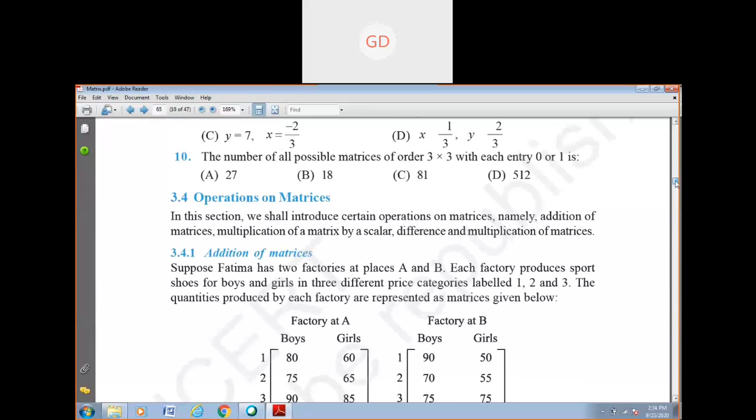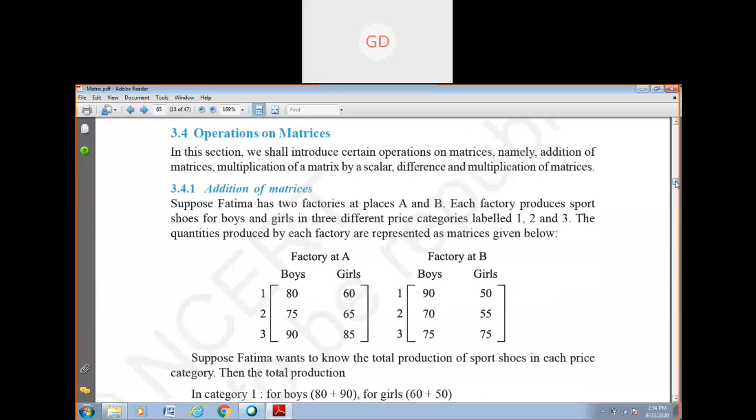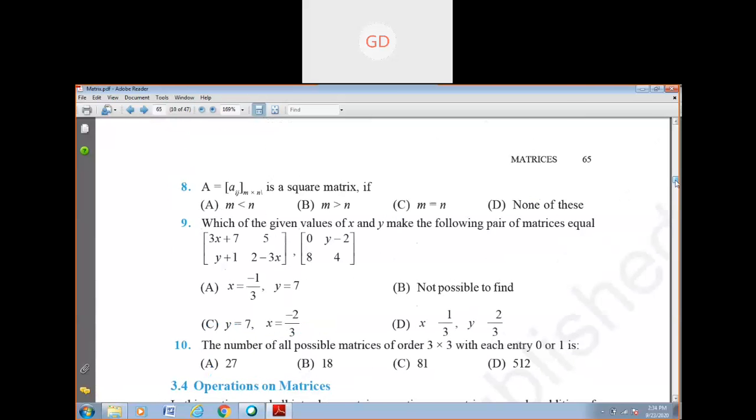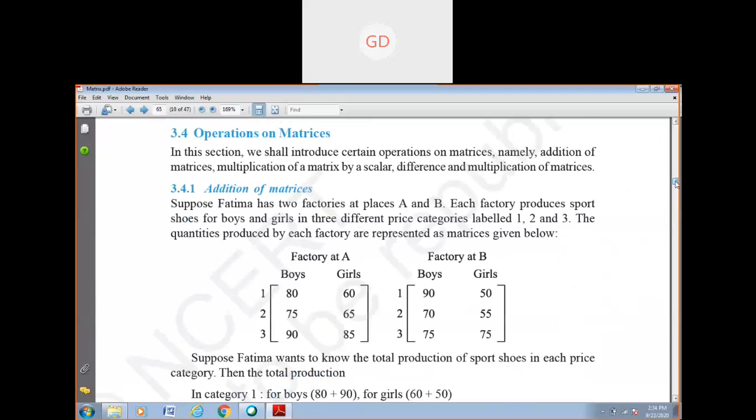Next, another topic, operations of matrices. Operations of matrices means, matrix is so new for those students who didn't have it earlier.